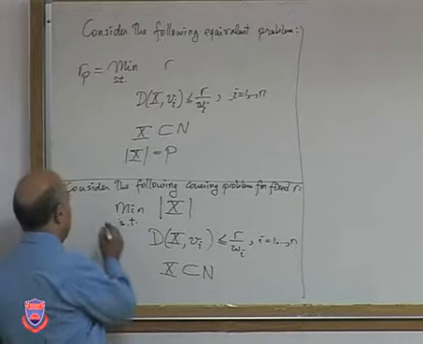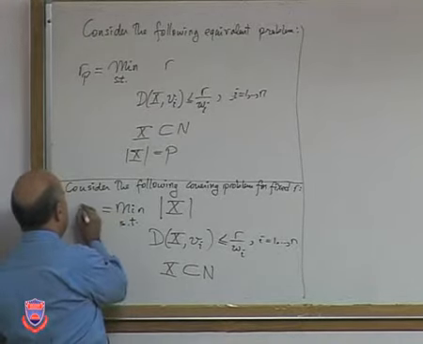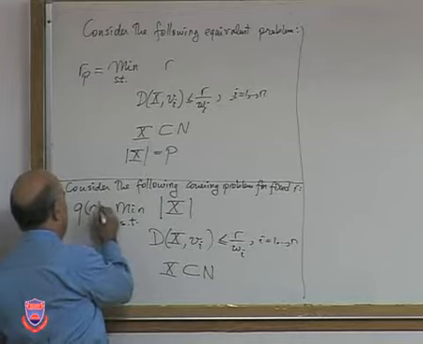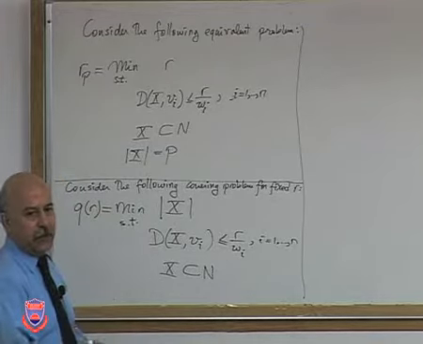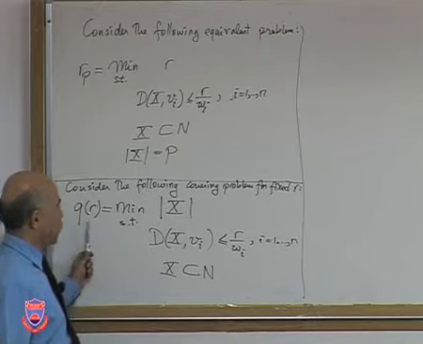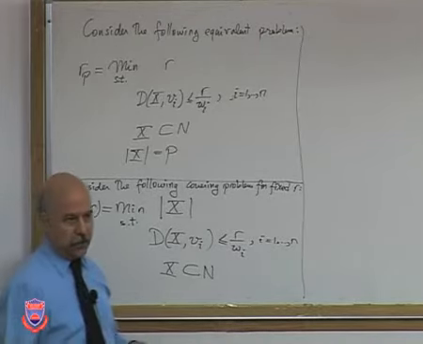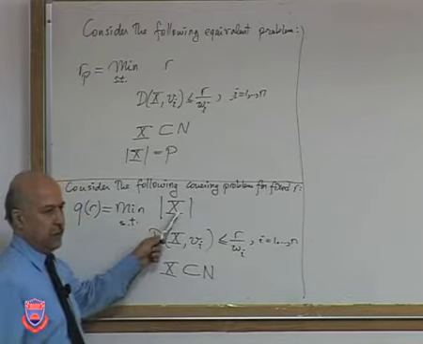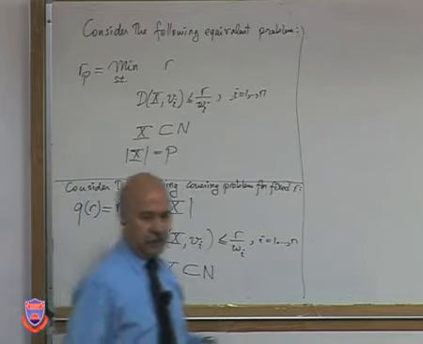All right, so let's give a name to this. Q of R will be something dependent on R, the value I picked. Q of R is an integer, because the objective value is a cardinality here.